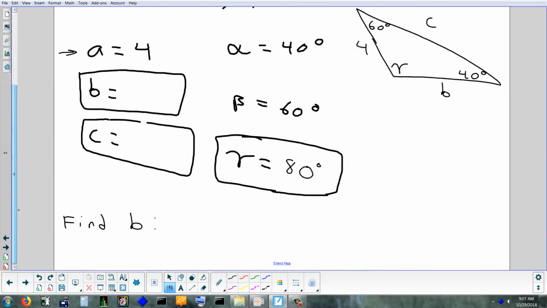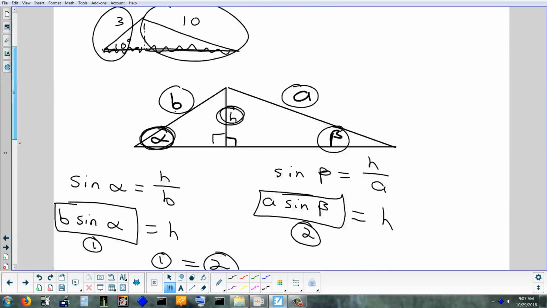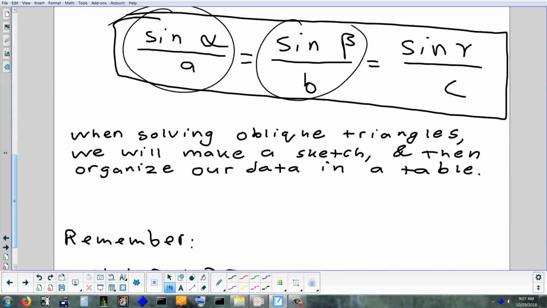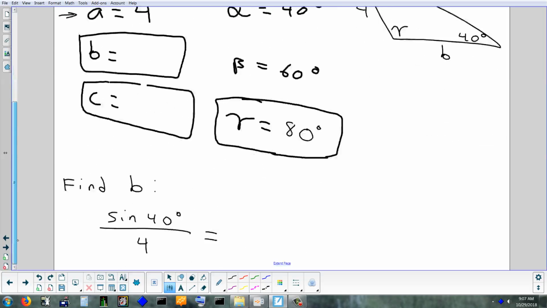We're going to have sine 40 over 4 equals, and now to find B, we're going to use the part of the law of sines that has B. For now, I'm not going to use the third part. I will after, but just to find B, I don't need the third part yet. So we're going to put sine of beta over B, so sine of 60 over B.